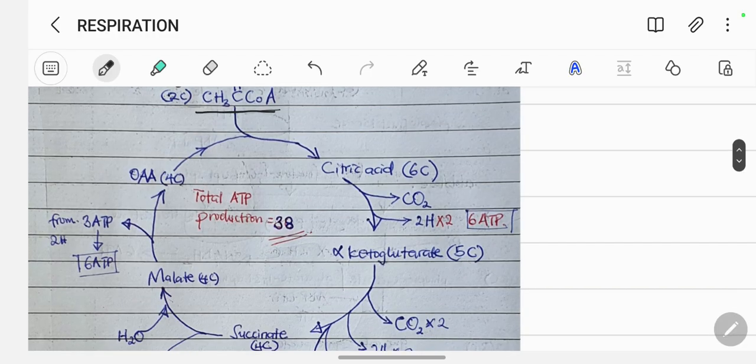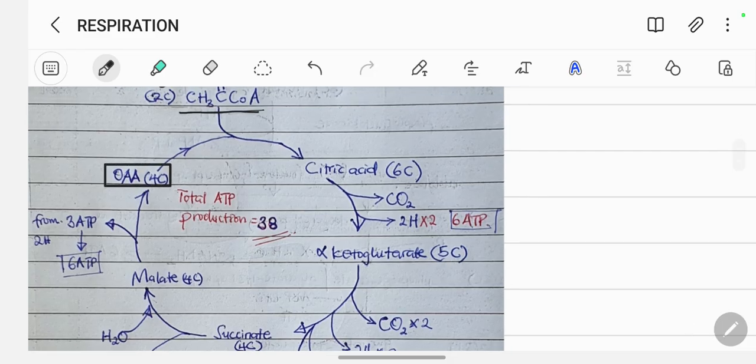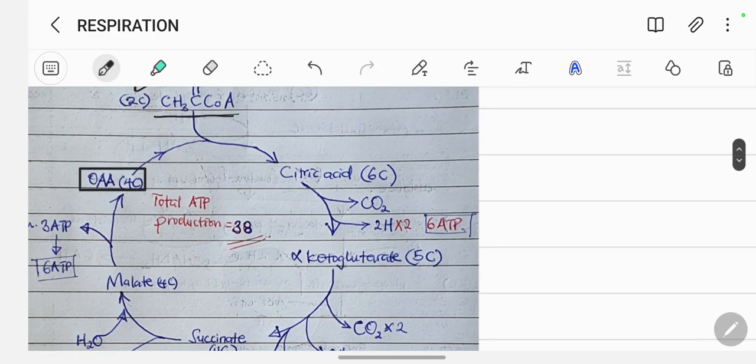Now this one's going to combine with oxaloacetic acid, and it will end up giving us citric acid. Oxaloacetic acid is a 4 carbon compound.